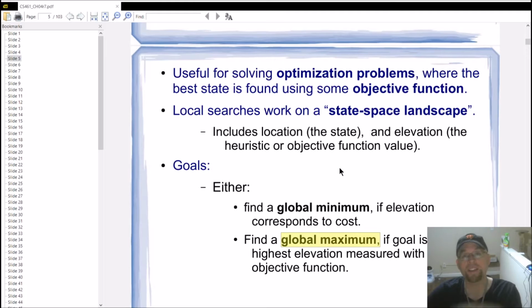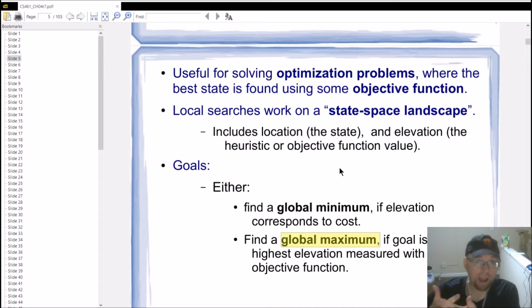That means you want to find the highest value node, and therefore the highest valued state, and therefore the most desirable state. That might be the best configuration for the 8 queens, or the best layout of machines on the factory floor.